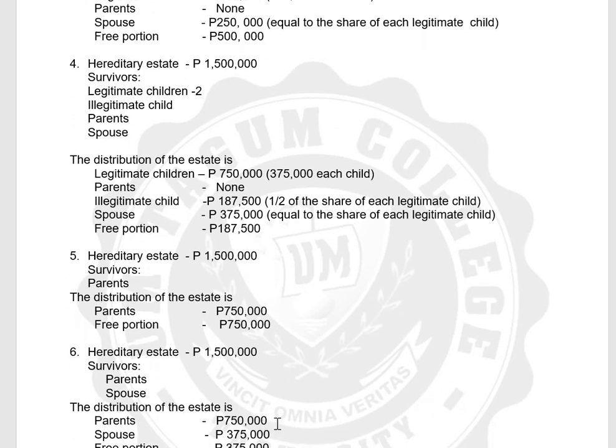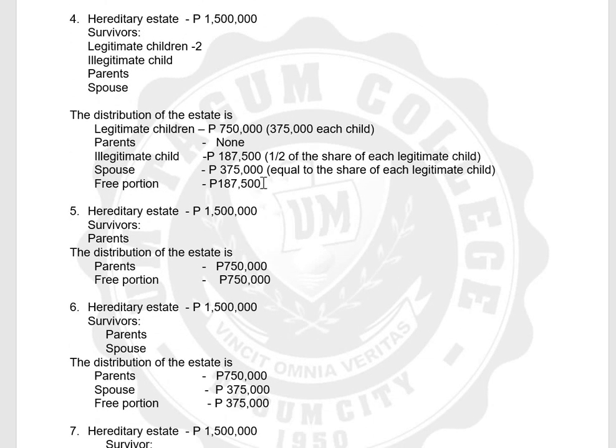Okay. So, for number 5, example, hereditary estate natin is 1,500,000. Survivors are the parents. Okay, the parents. So, the rule is 1/2 sa parent, 1/2 din sa free portion.